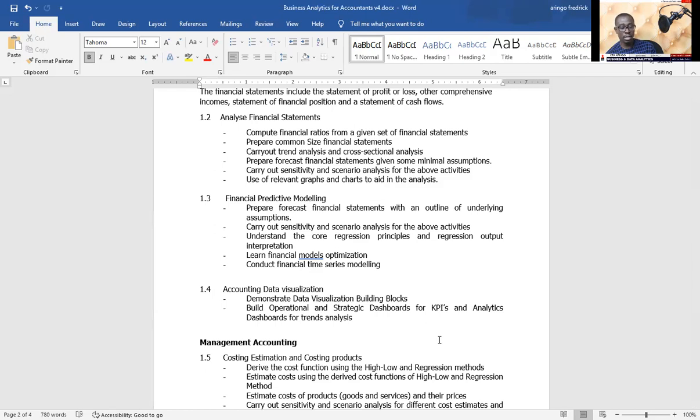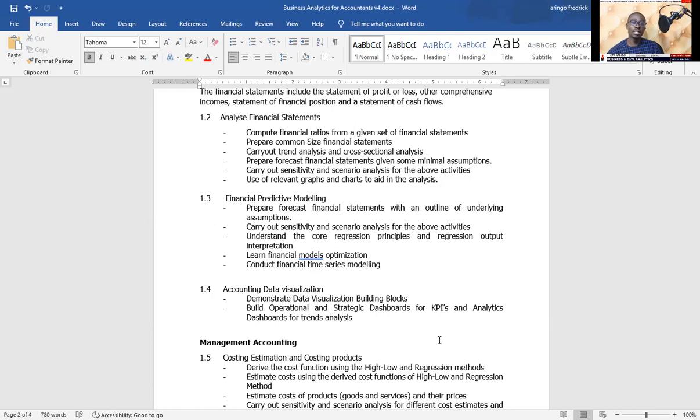Financial model is now purely a bit of advanced Excel, where you're given data and you want to come up with, you want to forecast, for example. You're having your data, in this case, very huge data. You're not looking at small organizations. You're having organizations whereby the data bank is so huge, and you need to analyze this data. At this point, you can't do them one by one.